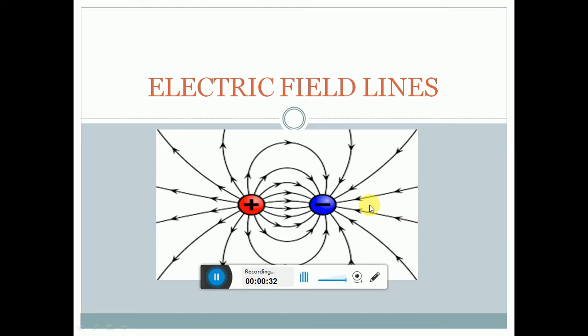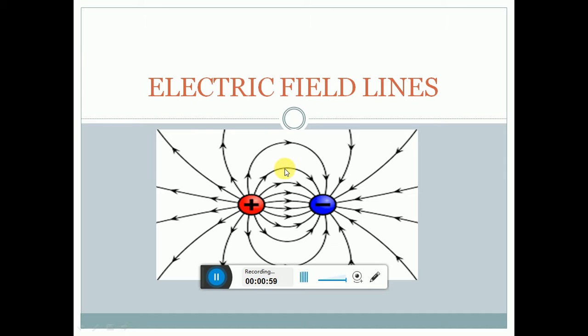Now we are going to see another important concept relating to electrostatics, which is electric field lines. What are electric field lines and what are the important points relating to them? Electric field lines explain the importance of the electric field along a particular charge distribution.